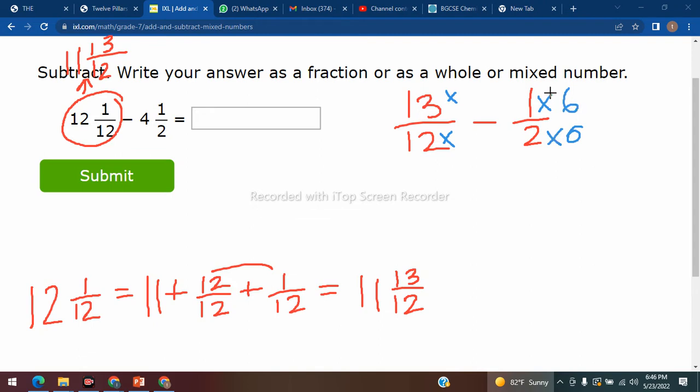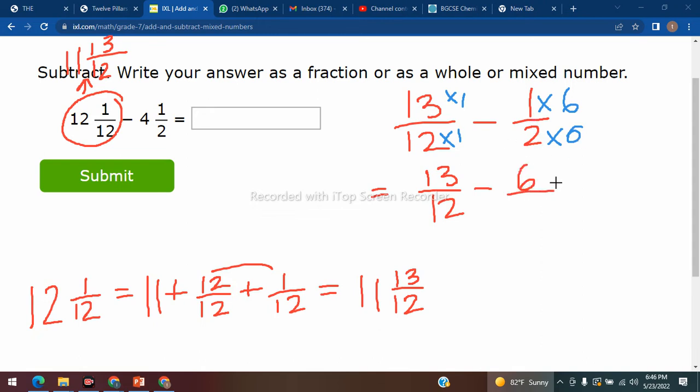Okay, we do the bottom, we do the top. What times 12 gives me 12? 1. So we have 13 times 1 is 13, minus 1 times 6 is 6.